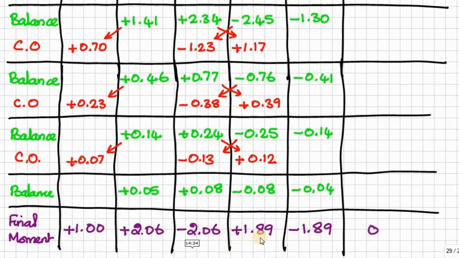Here also plus 1.89. Therefore, this side should be minus 1.89. This is 0 because of the hinge support. At a fixed support, any moment can be there. Okay. So this is the distribution table for the non-sway analysis. Now the next step is sway analysis.